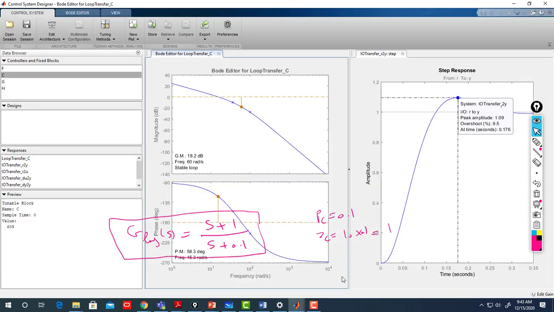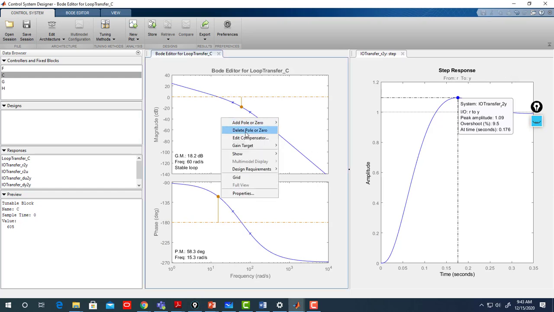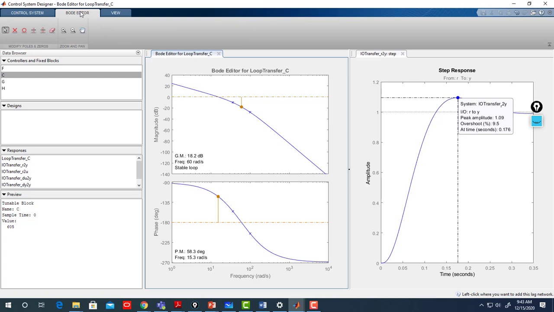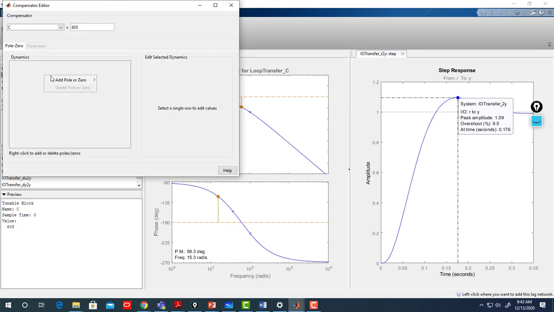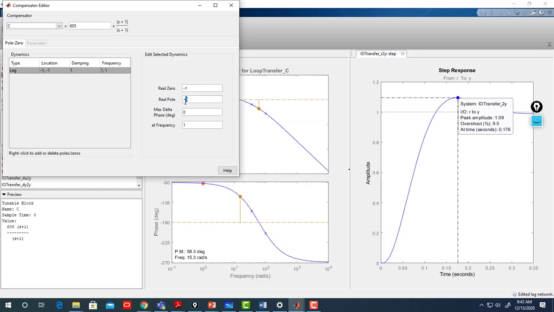So now, right click and add lag compensator. Well, I don't prefer to go this way, so I'd better, also no. From here I double click on it and add lag compensator, 0 at 1 and pole at 0.1.